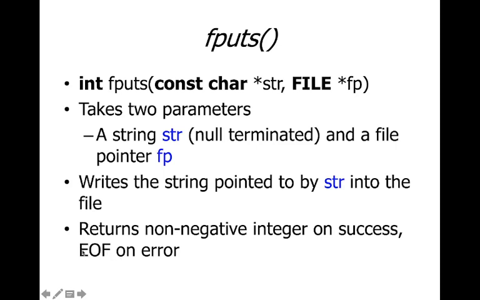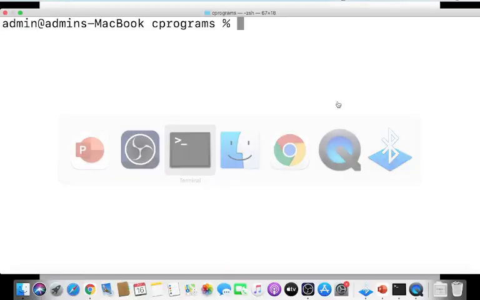If there is some error, end of file will be returned. So this is the syntax of the fputs function. It has two arguments: first a string pointer, then a file pointer. We will see an example.